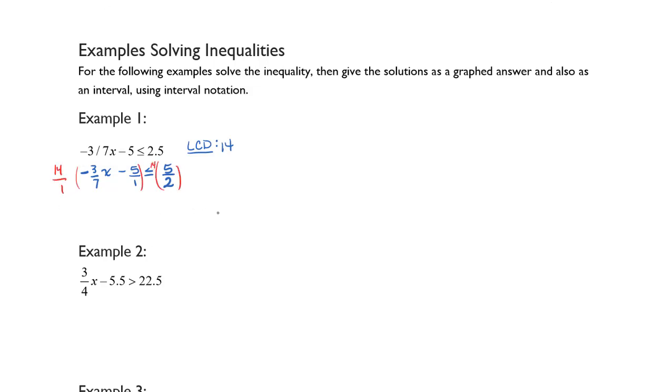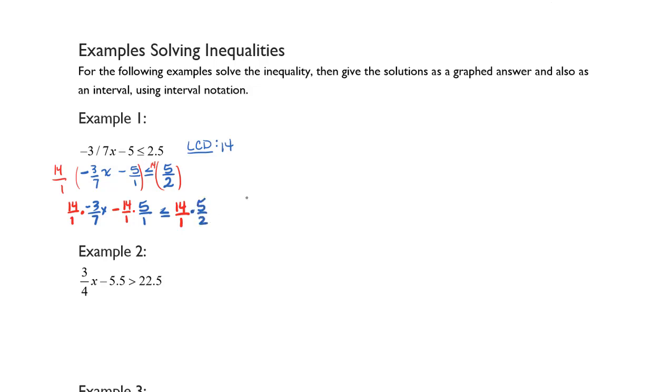You can also think of it as 14 over 1. When I multiply that through, I'll have 14 over 1 times the first fraction minus 14 over 1 times 5 over 1, less than or equal to 14 over 1 times 5 halves.